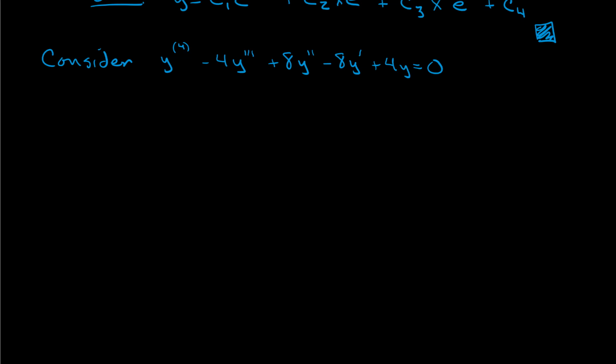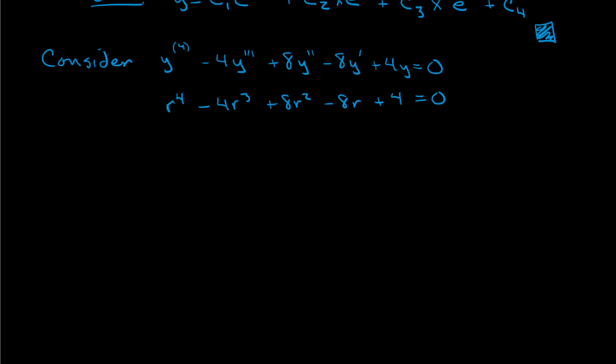Okay, here we have a fourth derivative. We're going to go ahead and create the characteristic equation just like we typically do. This is going to become r to the fourth minus 4r cubed plus 8r squared minus 8r plus 4 times r to the 0, which is just 4, equals 0. Oh yeah, that looks like fun.